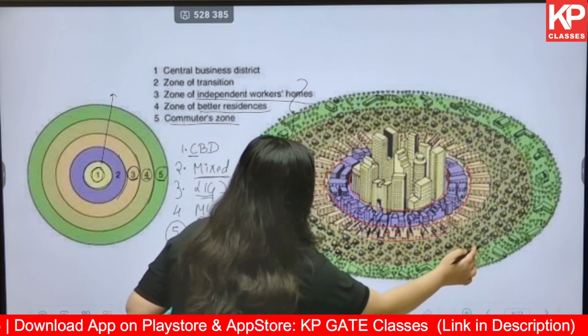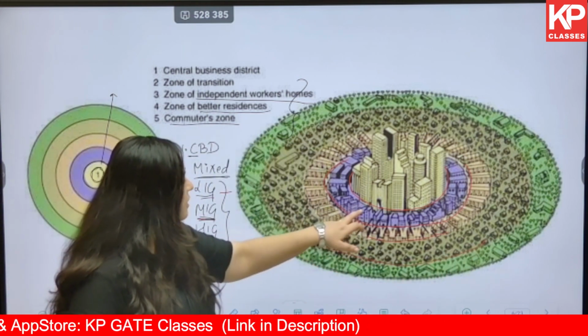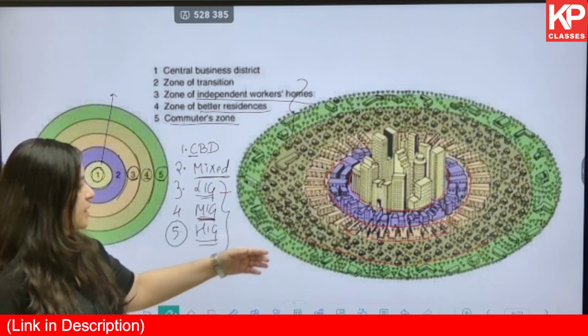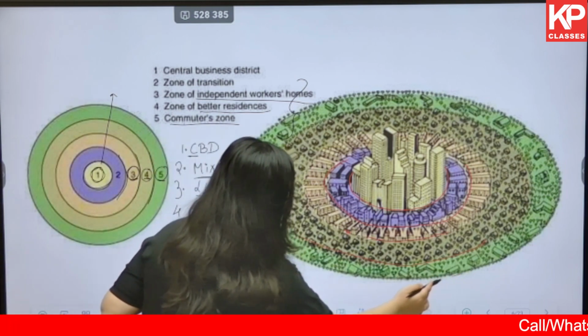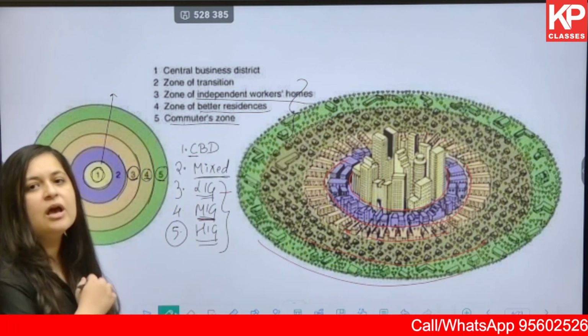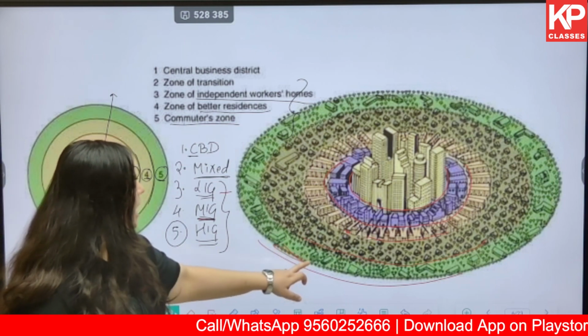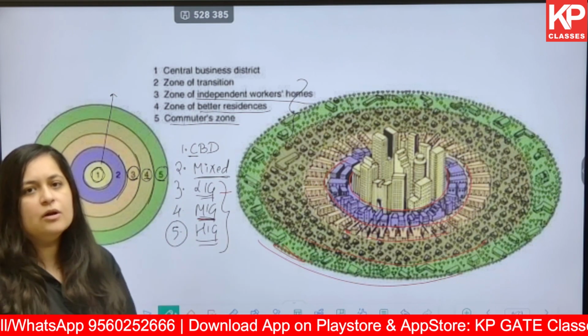The next one, MIG, you see the dwelling units are slightly further away as compared to the LIG, but less compared to your HIG. Now the next one is the commuter zone, which is the HIG, in which you see a lot of green spaces and you see dwelling units in these areas which are comparatively low rise.